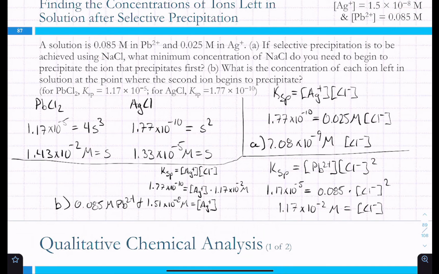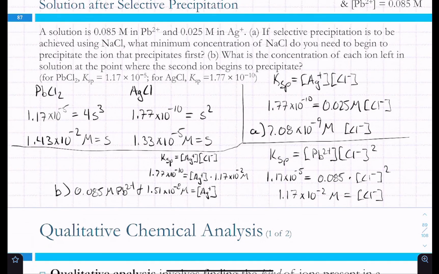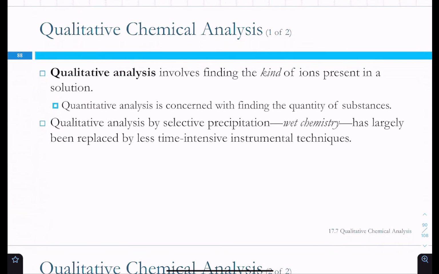Some of the stuff here to go through real quickly. That's the last of the calculations we're going to do tonight. It'll put us maybe a little bit behind, but there's more stuff to calculate at the very end. This is the section about qualitative chemical analysis.